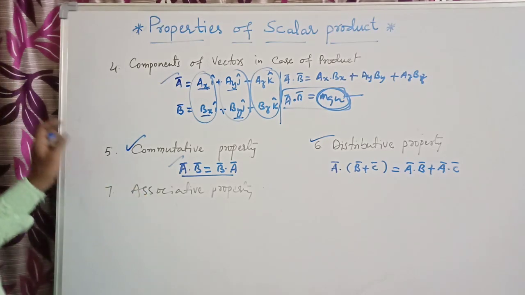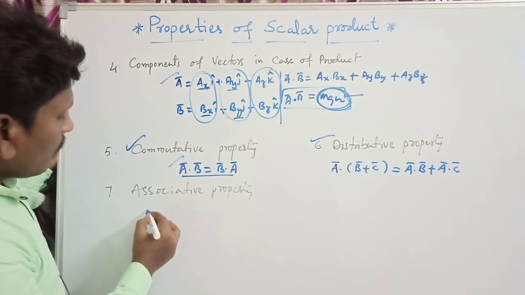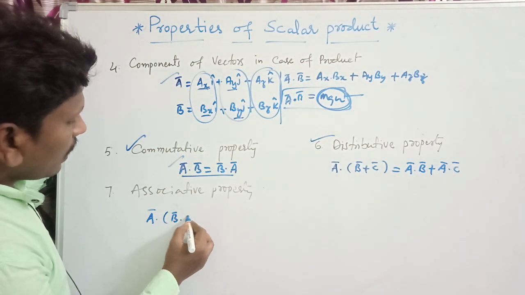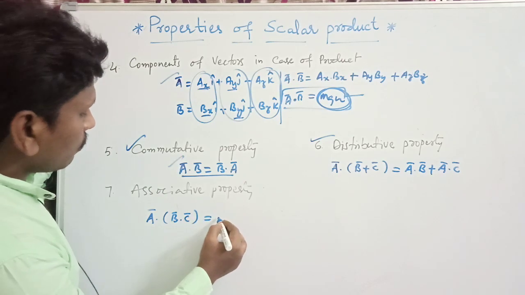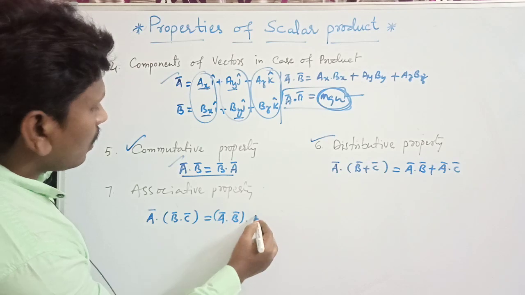Now let us see the associative property, that is, a bar dot b bar dot c bar equal to a bar dot b bar dot c bar.